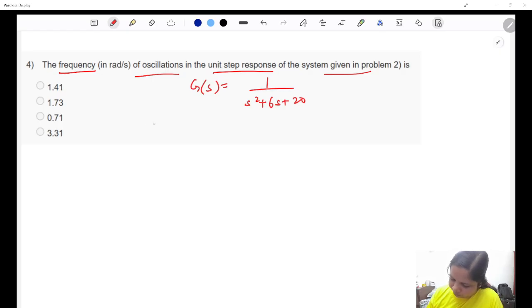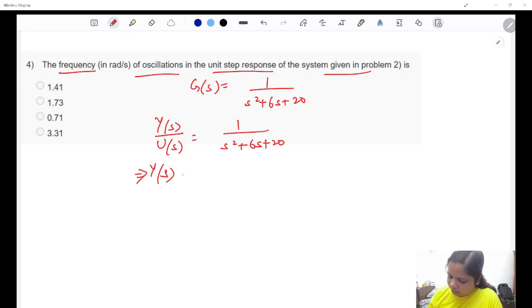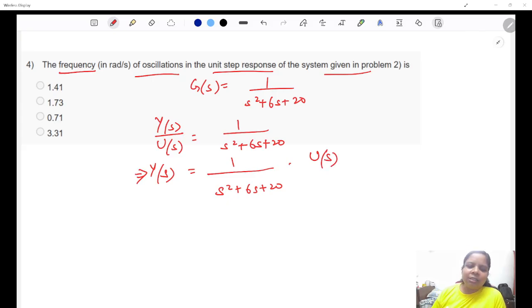So Y(s) upon U(s) is given by 1 by s square plus 6s plus 20. From here you can write Y(s) equal to 1 upon s square plus 6s plus 20 into U(s). U(s) would be 1 by s, but that is not going to have any role in the damped natural frequency of the system, right? Because what matters will come from here only.